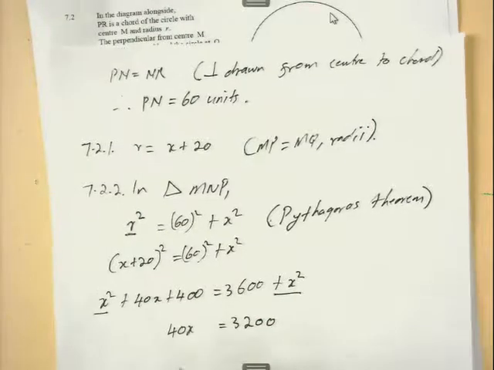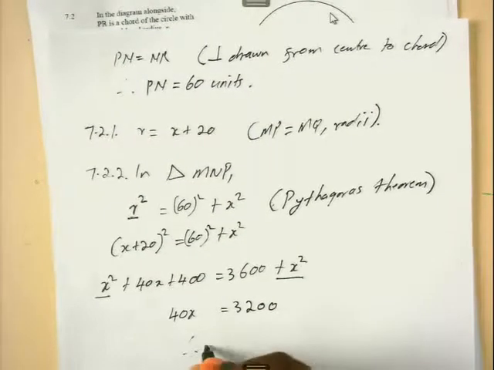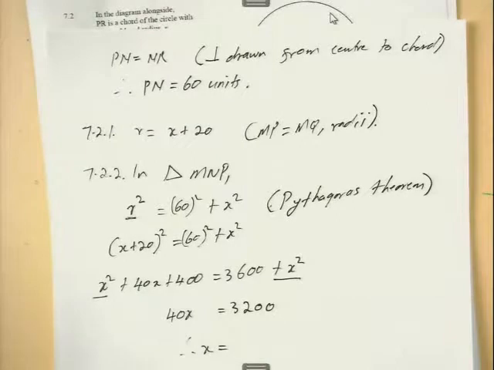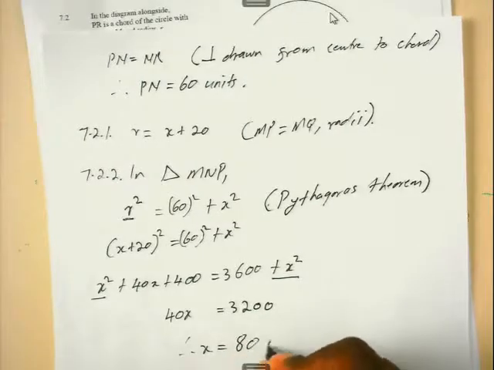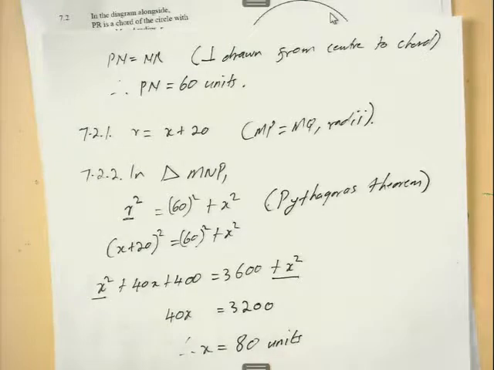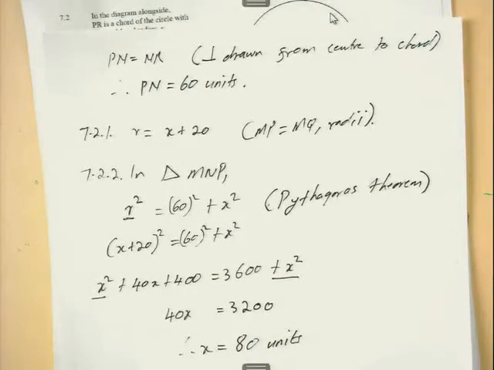You divide by 40 on both sides. 3,200 divided by 40, therefore X is equal to 80 units.